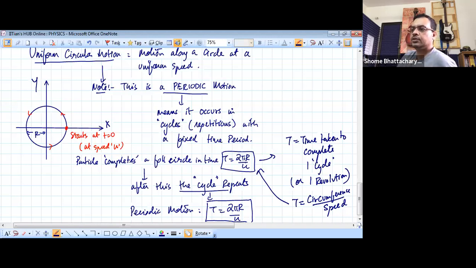This time period, which we are now denoting with the symbol capital T, is calculated as the time taken to complete one full circle or one cycle of revolution. Okay, so that is nothing but circumference divided by speed. So the distance traveled in one cycle is nothing but 2 pi r. Just make a note of this.